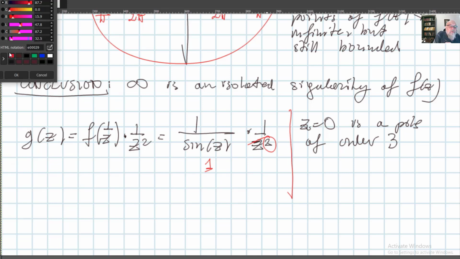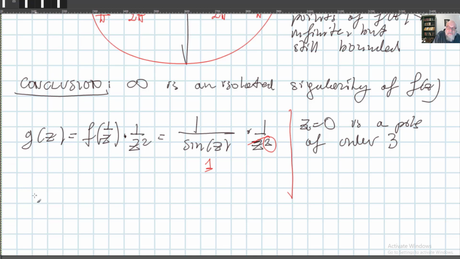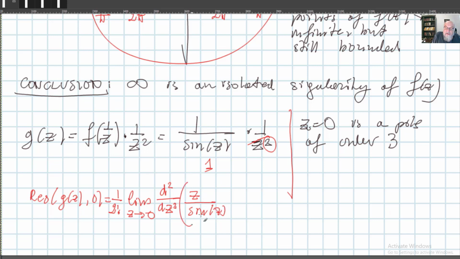The residue of g of z at 0 will be equal, since this is order 3, to 1 over 2 factorial, then the limit as z goes to 0 of the second derivative d squared by dz squared of your function g multiplied by z cubed, so that means z divided by sine of z.